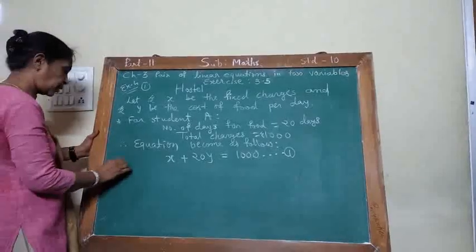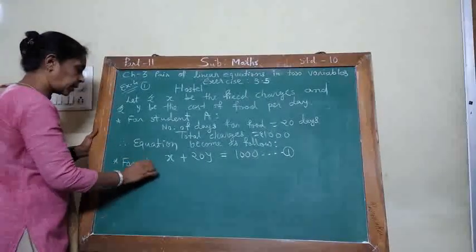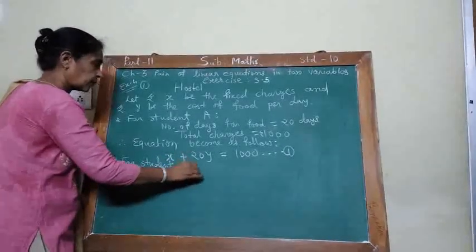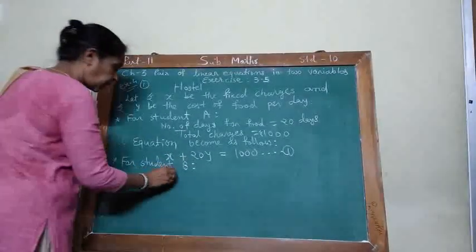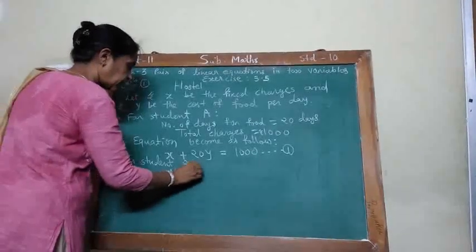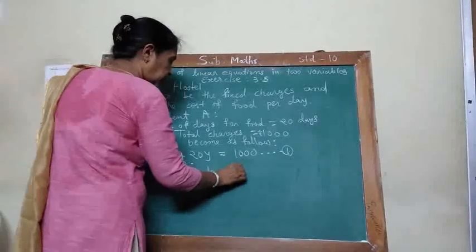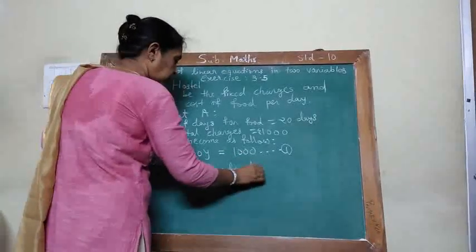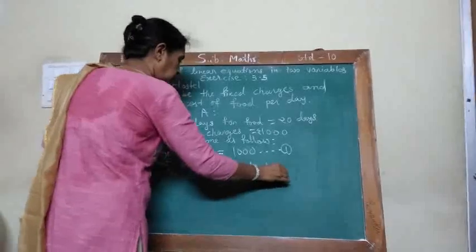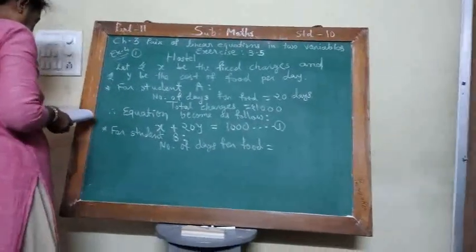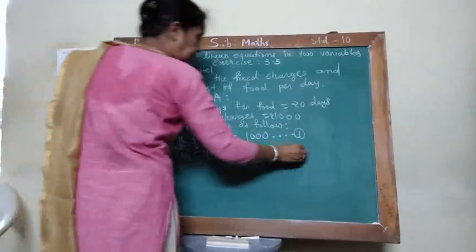And likewise you have to make it for student B. For student B, the number of days for food is equal to, again I see in the book, 26 days.